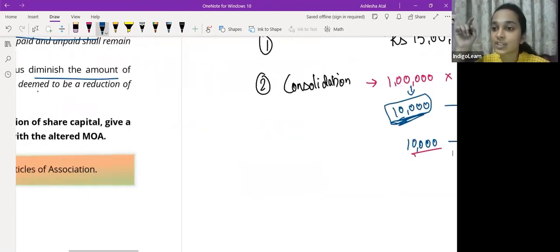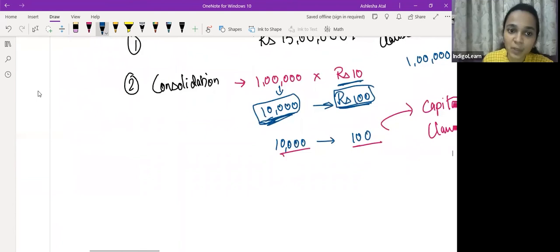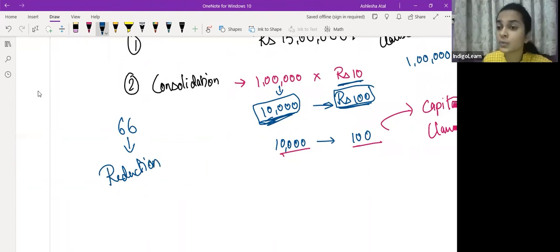See, cancellation we have seen in section 61. When we go to section 66, there we are going to specifically talk of reduction in share capital, which is completely different. Okay, so do not confuse cancellation and reduction. Cancellation is only cancellation of the unsubscribed shares. Reduction is a completely different situation which we are going to understand under section 66.